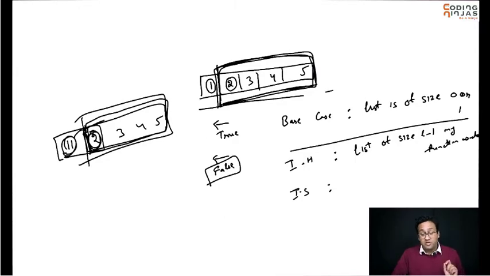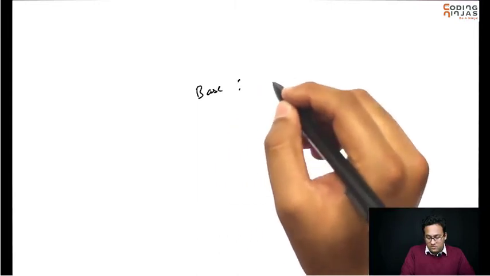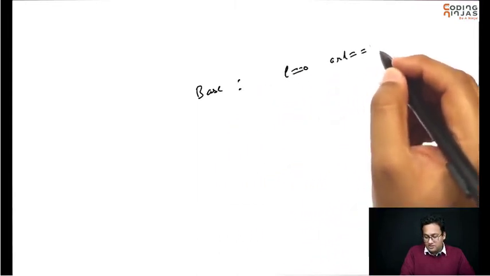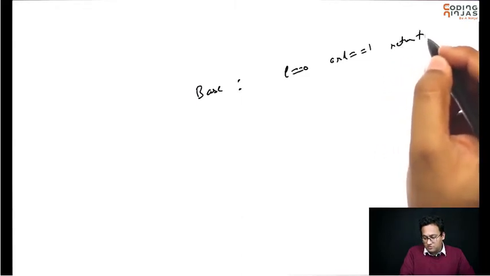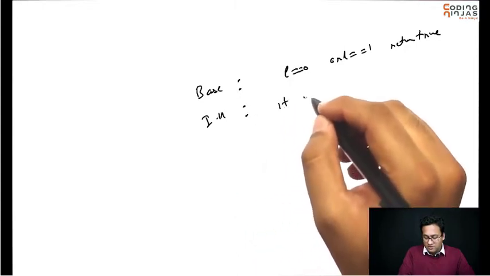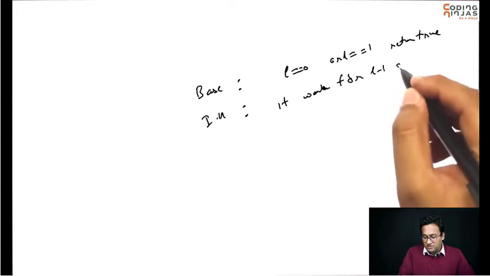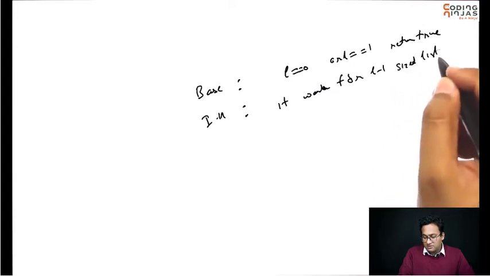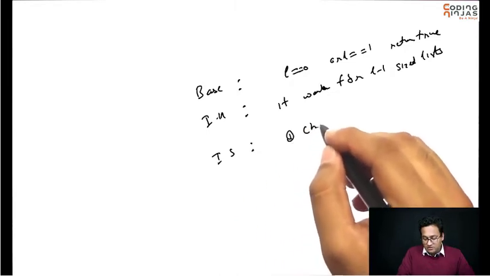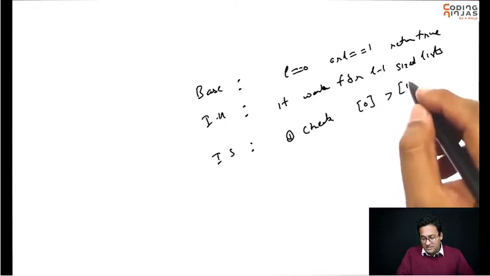Okay, let me quickly repeat our base case. Length is 0 or length is 1, return true. Induction hypothesis, it works for L minus 1 sized lists. Induction step, I'm going to check if the first element is greater than the second element.